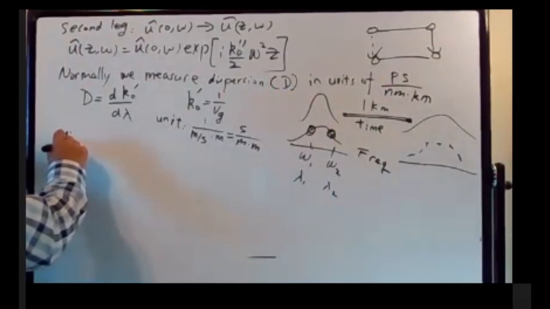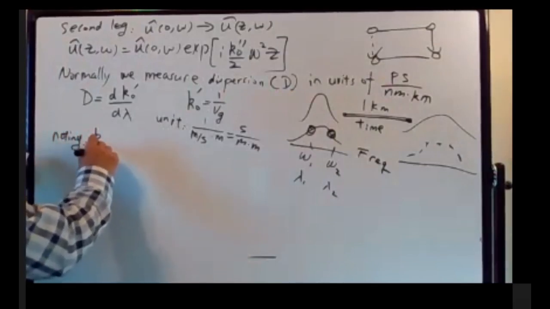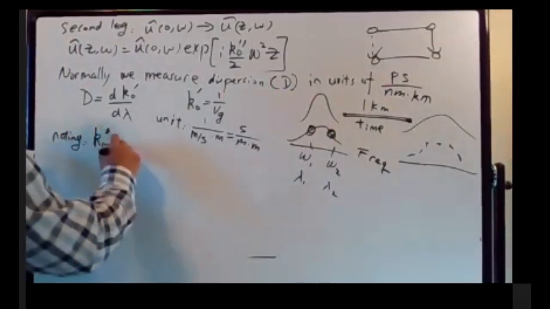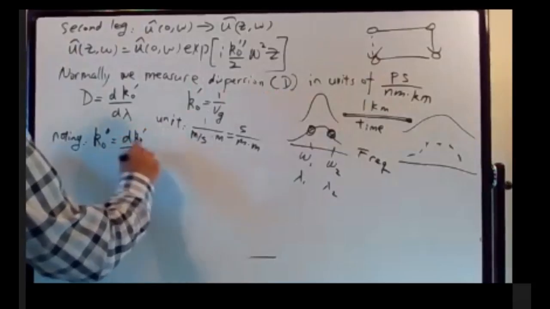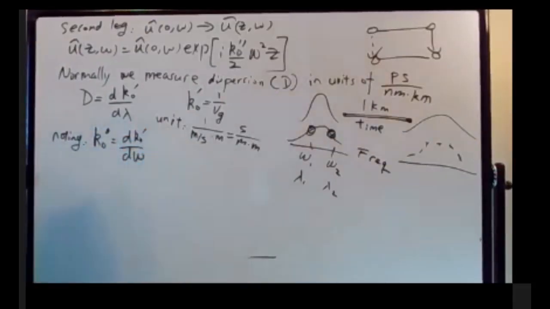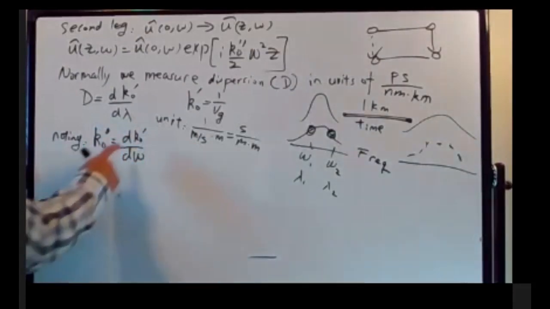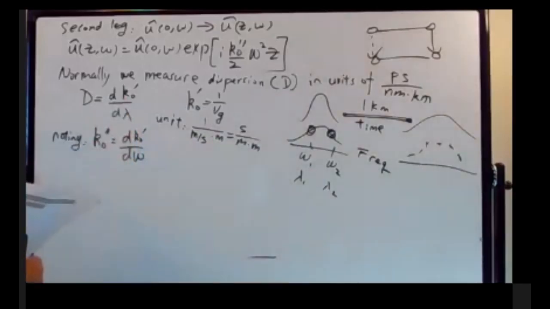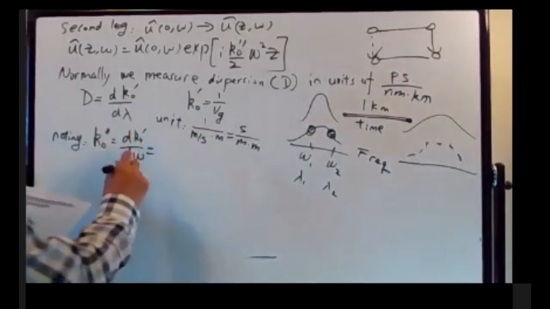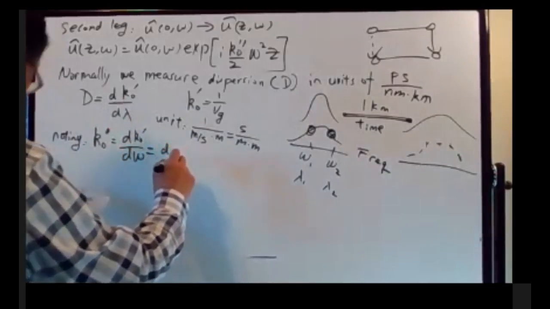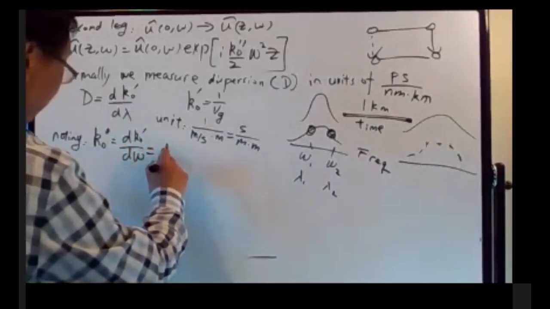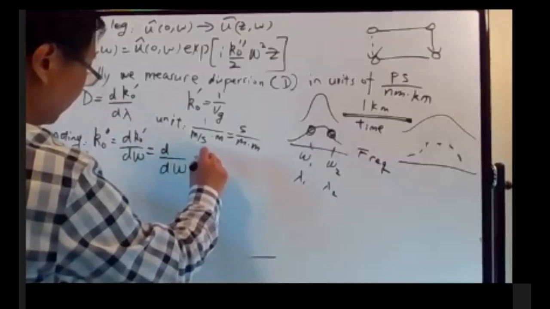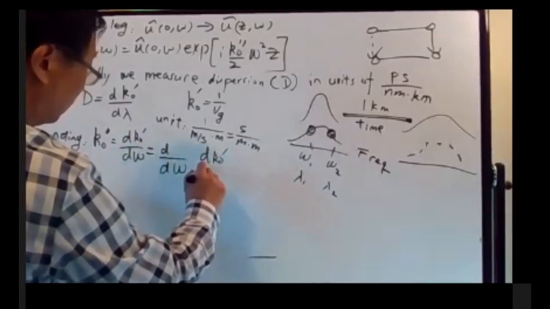So noting k naught double prime as d k naught prime d omega, right? Remember we did the Fourier transform. So k naught prime, and then take another derivative is k naught double prime, and then what we have is d over d omega of dk naught prime, right?